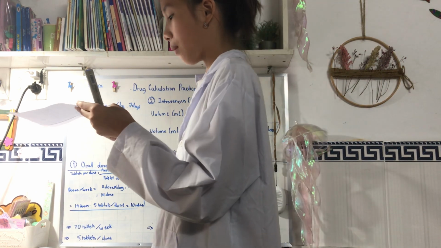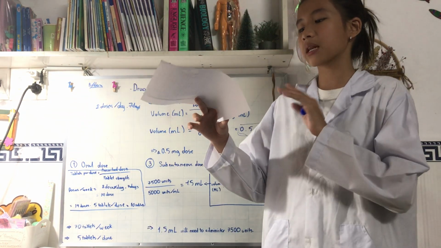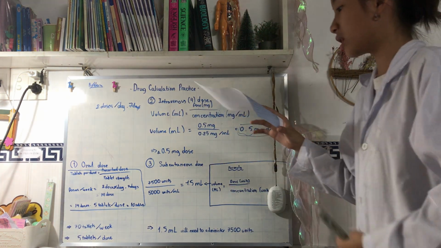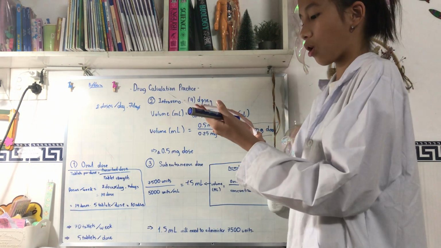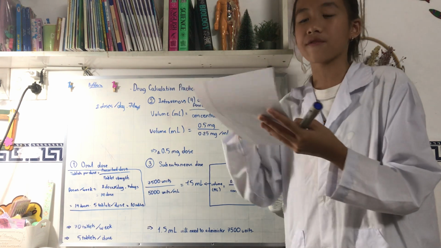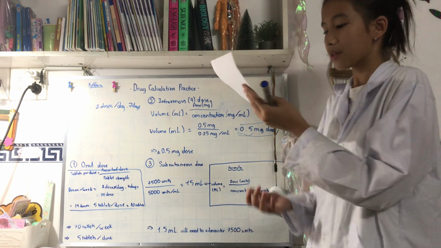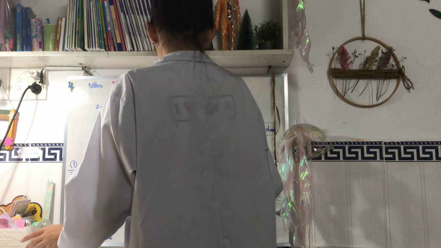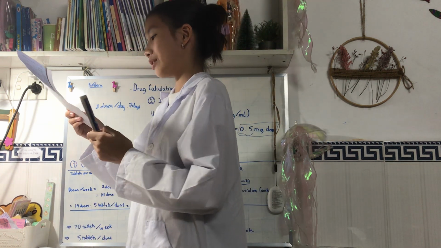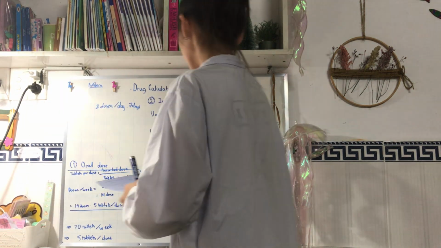For this problem, we have one question to answer: how many milliliters will you need to administer for 7,500 units? We already know that we need to administer 7,500 units subcutaneously every 12 hours. We need to find the volume, because it says 5,000 units per milliliter, and milliliter is a volume.